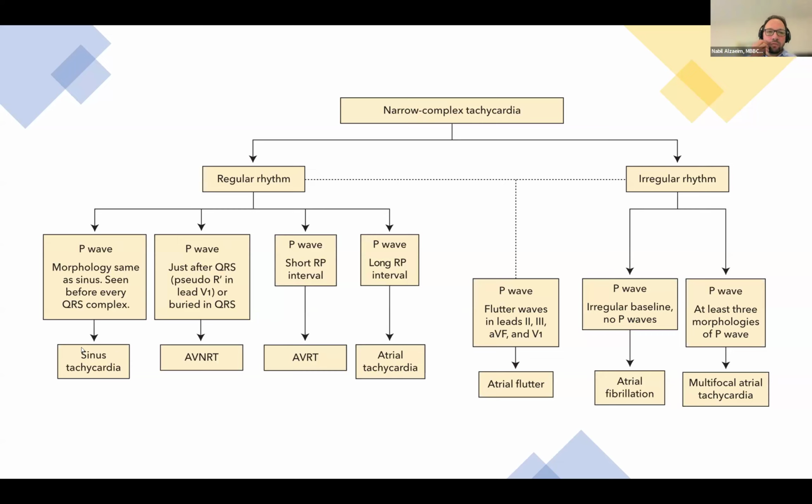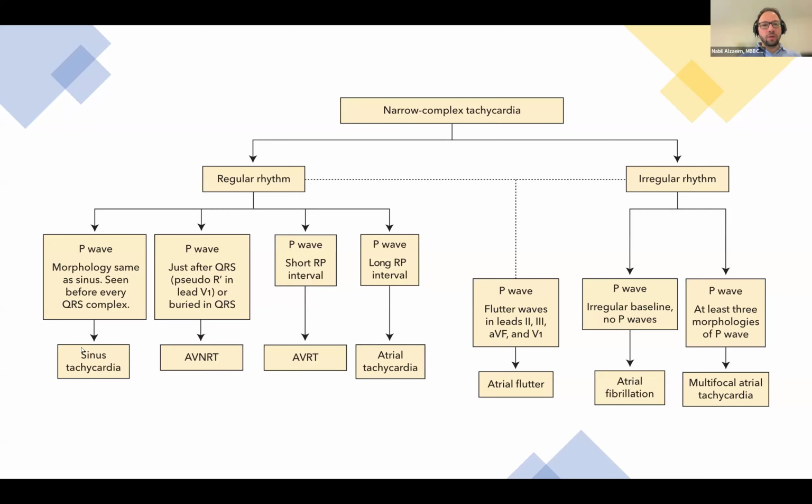When the P wave is just after the QRS, what we call a pseudo R in lead 1, or buried within the QRS, this is AVNRT. When we see the P wave with a short RP interval, this is AVRT, the other very common SVT.